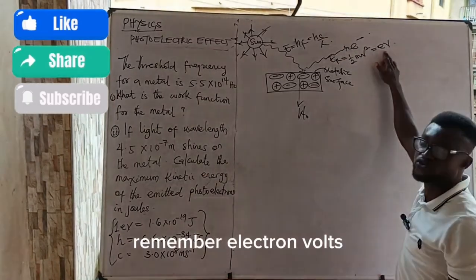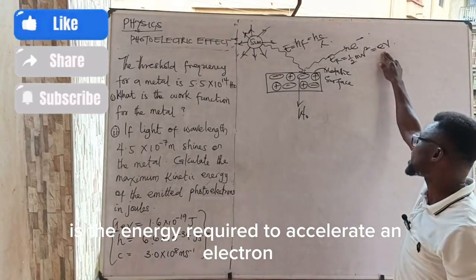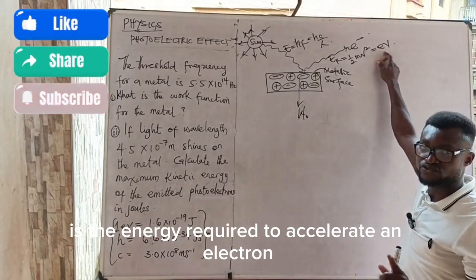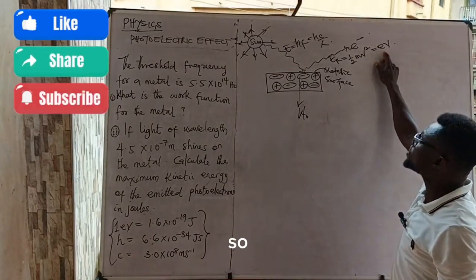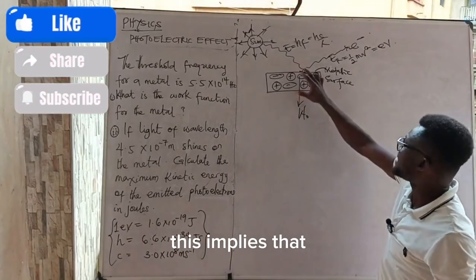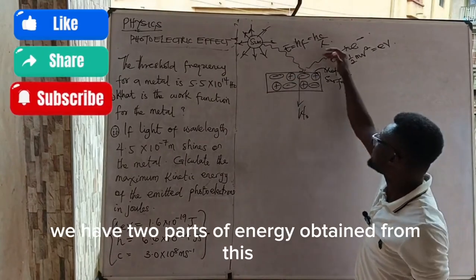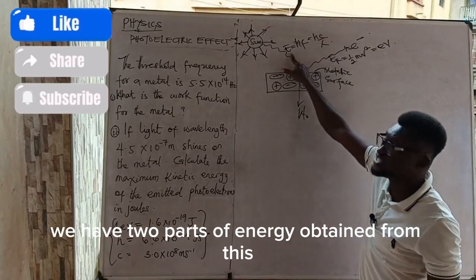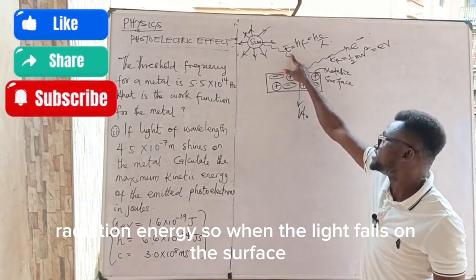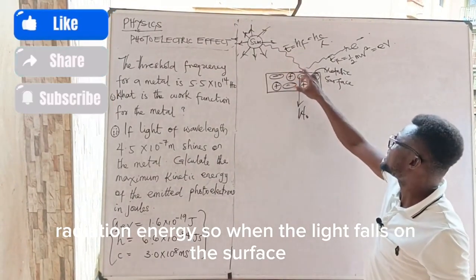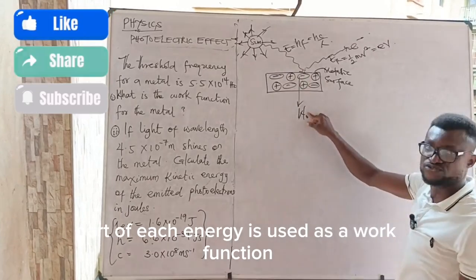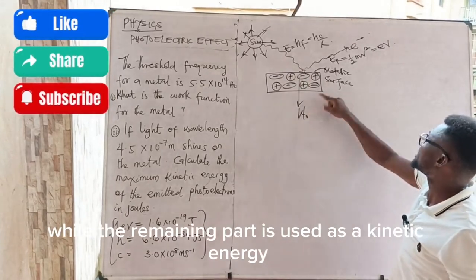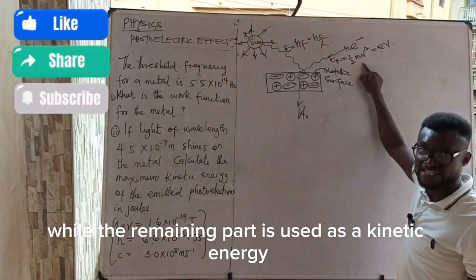Remember, an electron volt is the energy required to accelerate an electron through a potential difference of 1 volt. So this implies that we have two parts of energy obtained from this radiation energy. When the light falls on the surface, part of its energy is used as work function, while the remaining part is used as kinetic energy.